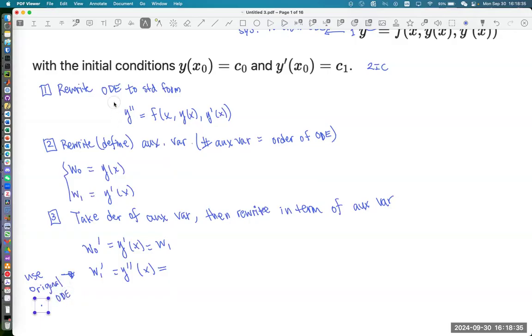So we go back to the standard form here. So we see that y double prime is f of x, y, and y prime. And then we also need to rewrite this in terms of auxiliary variables. So f of x is the same, but y of x is defined as W0. And then y prime is defined as W1.